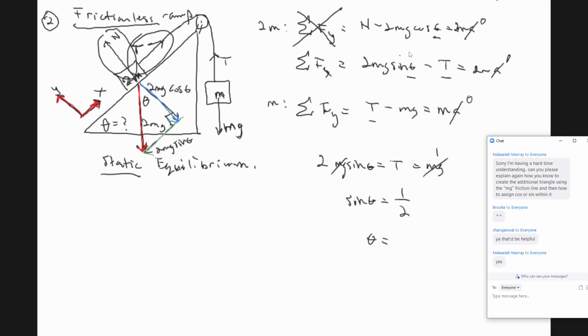You can break it up the other way too. It'll be the same thing. Theta is just now here in that right triangle.